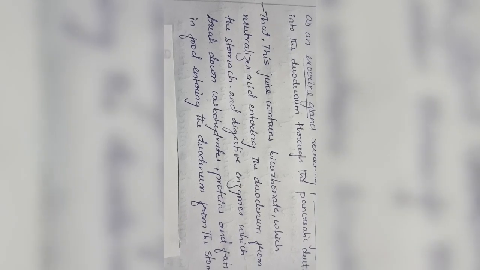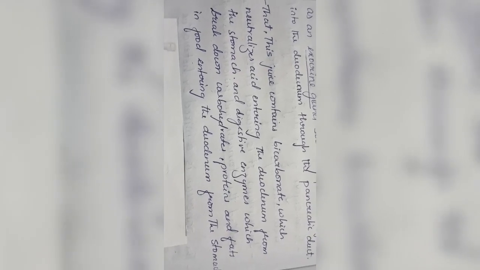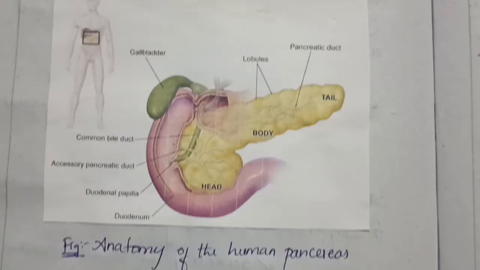As a part of the digestive system, it functions as an exocrine gland secreting pancreatic juice into the duodenum through the pancreatic duct. This juice contains bicarbonates which neutralize acid entering the duodenum from the stomach, and digestive enzymes which break down carbohydrates, proteins, and fats in food entering the duodenum from the stomach.